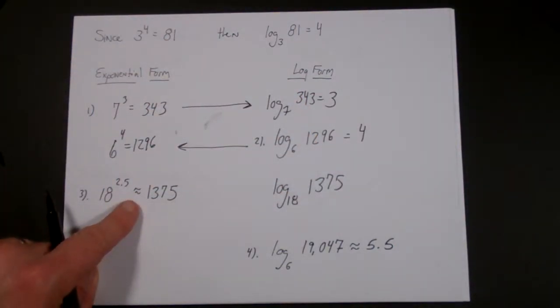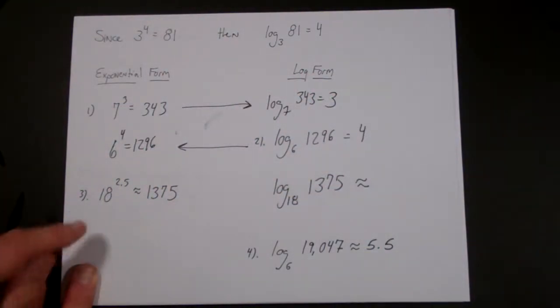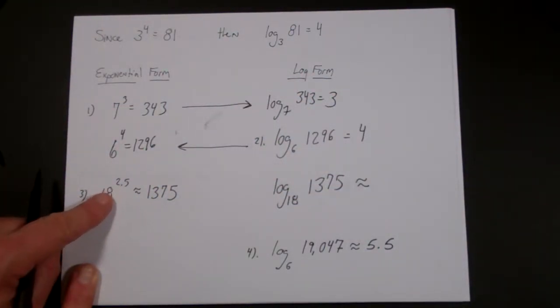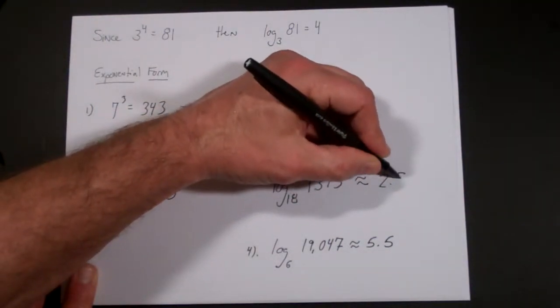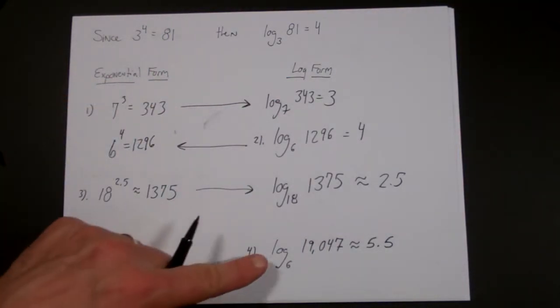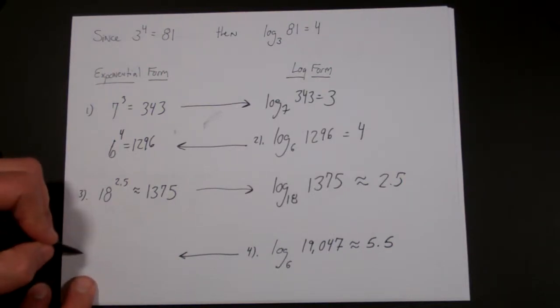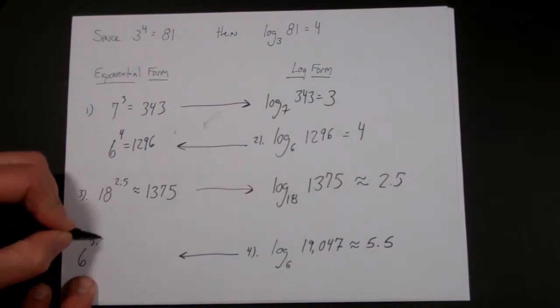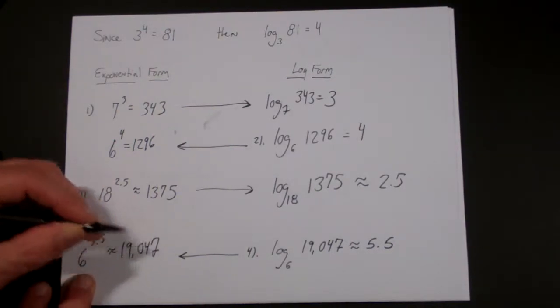I used an approximately equal sign, so I have to use an approximately equal sign here. The power of the exponent becomes the result of the log. And if you're given a log problem and you need to go backwards, you do the same thing. This is 6 raised to the 5.5 is approximately equal to 1947.